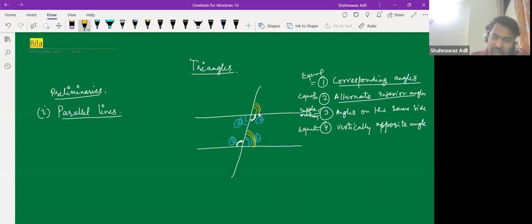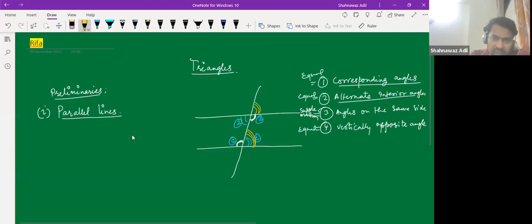What kind of angles are they? Whenever you have parallel lines and these angles, they are corresponding angles. Yes, correct. And these angles would be equal.